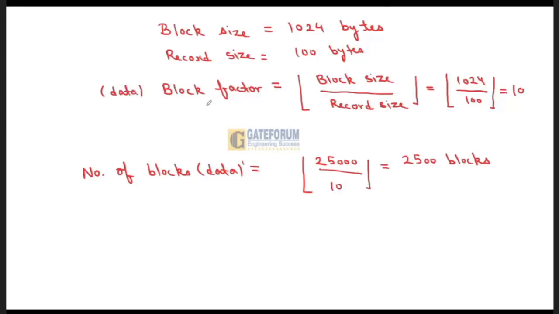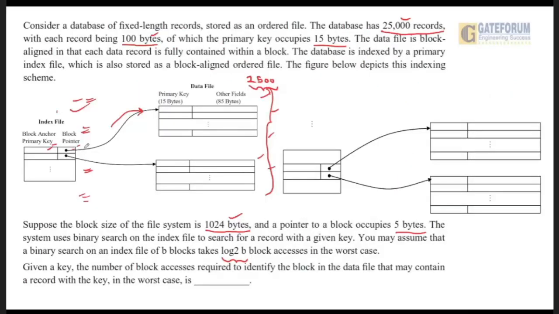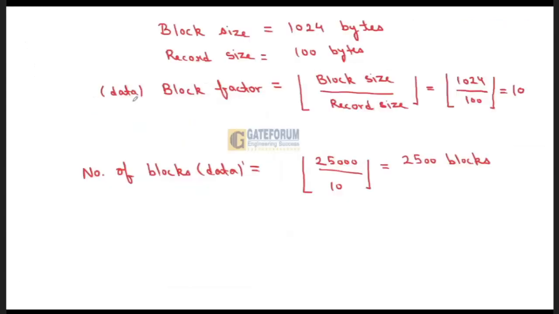Because in the data block we have the data, but in the index block what do we have? We have key and pointer, right? So let us calculate the block factor for index block.